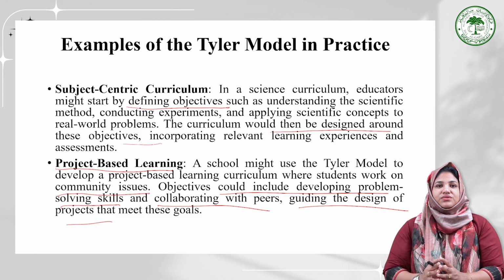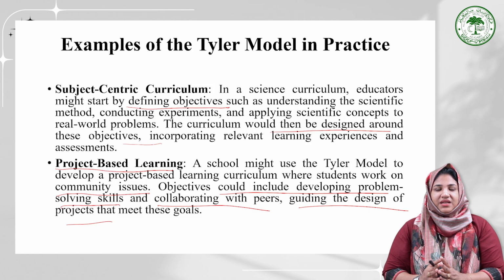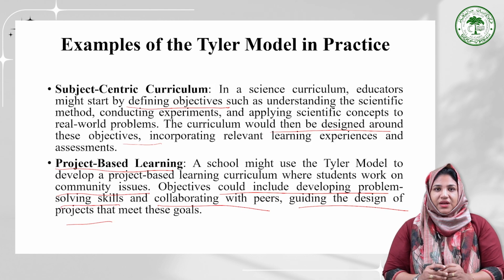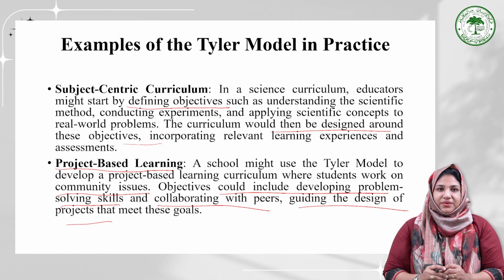You can put the students into that situation by providing proper learning experiences, and you can evaluate their performances. So these are the major examples or major ways of implementing the Taylor model: one is the subject-centric curriculum and the other is the project-based curriculum.